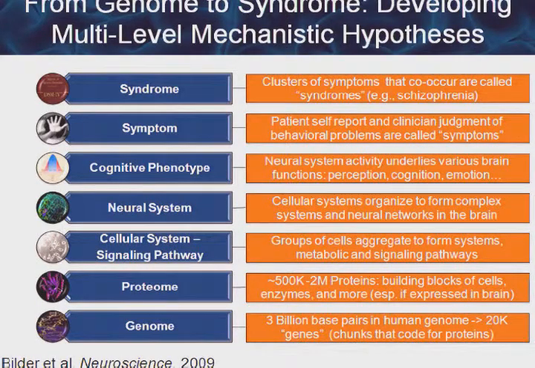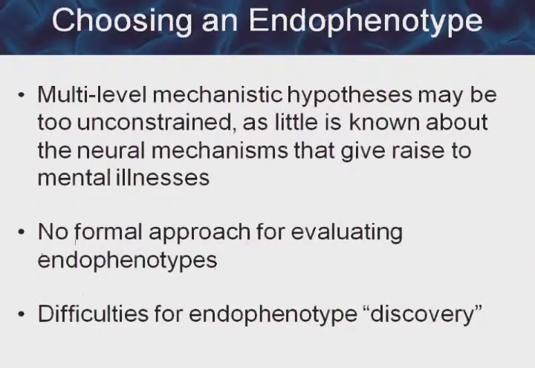The basic idea, as explained by Bob Builder, is that you want to go from the genome all the way up to the syndrome, and you have all of these intermediate points. And as he states it, what you really want to do is measure some of these things, and any of these things could be conceptualized at some level as an endophenotype.